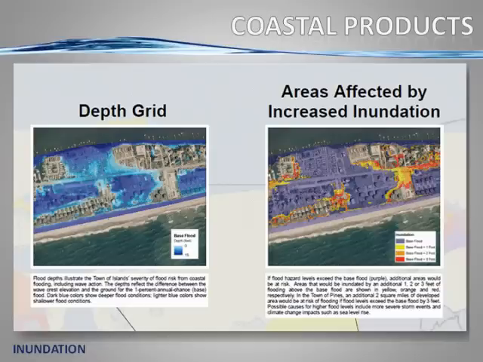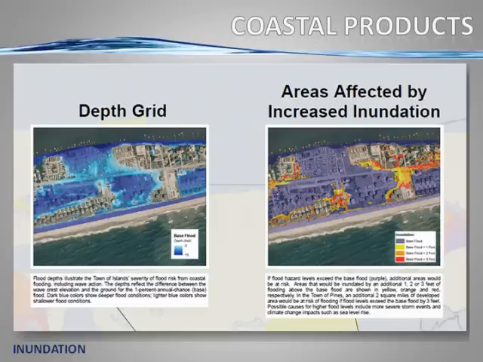This is what a depth grid looks like within a barrier island community. Here, I don't know if you can see. And then one of the coastal products that's been added to that is areas affected by increased inundation. So they did a hypothetical 1, 2, 3 foot increase on top of that to see which areas would be affected if you had 1 to 3 feet of increased elevation on a grid on a specific area.